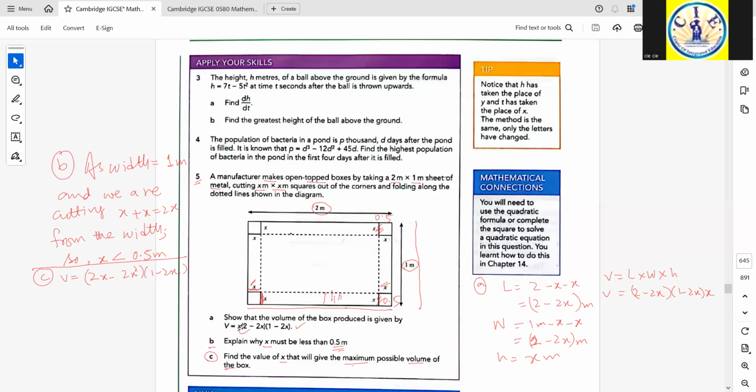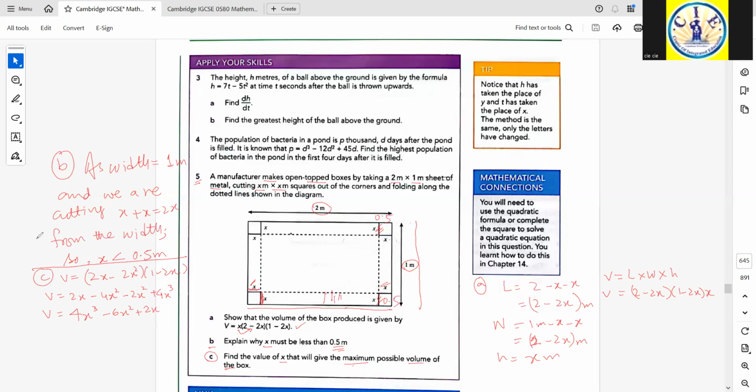I've just multiplied x with these two. So the volume is now 2x minus 4x squared, then minus 2x squared, and then plus 4x cubed. Simplifying and arranging further, 4x cubed minus 6x squared plus 2x.